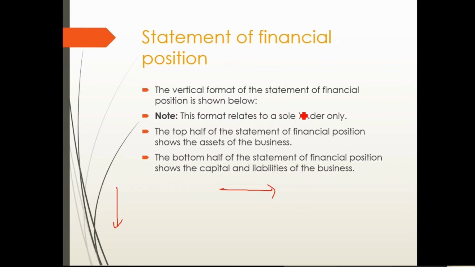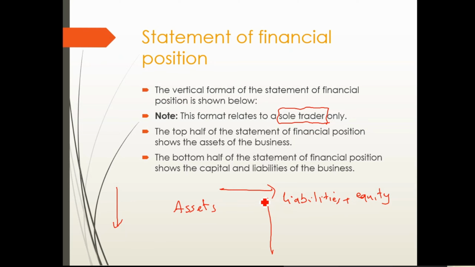Note this format relates to a sole trader only, because normally for all the other businesses we will do the horizontal one, where we put the assets on the left side and the liabilities and equity on the right side. Like this, it will be the horizontal way.